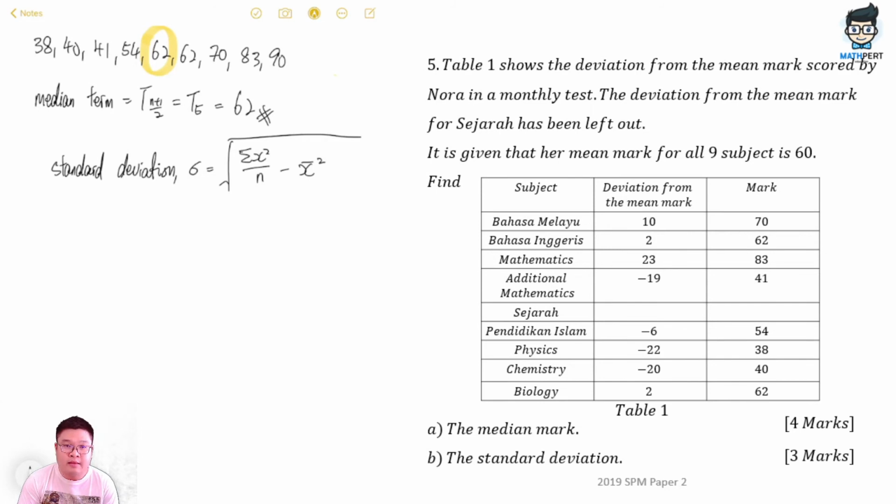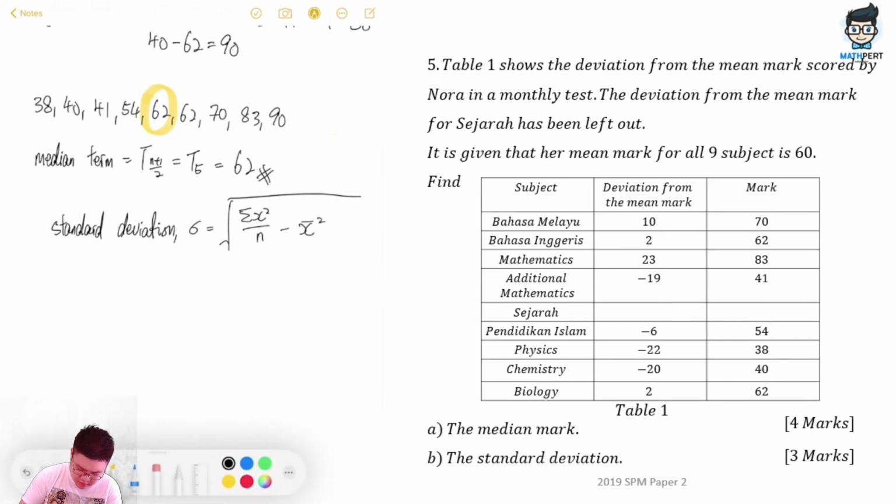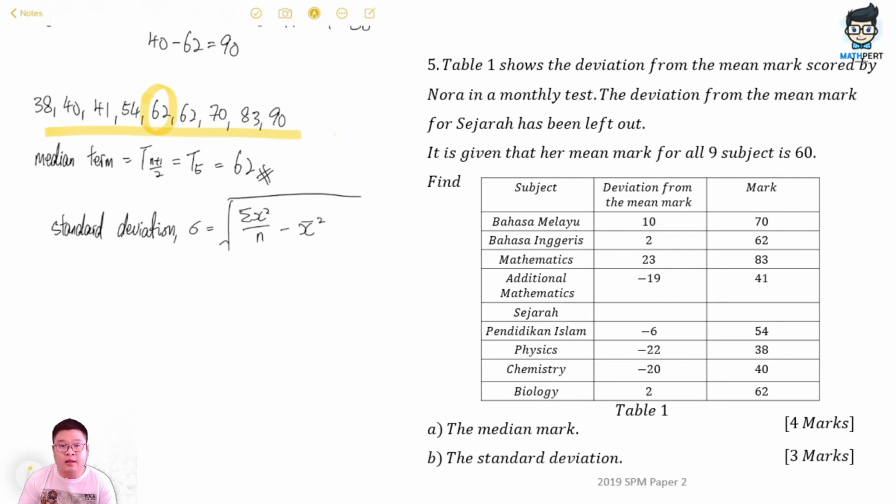We know n. n is the number of subjects, so in this case it's 9, and the mean is 60, which is given by the question. So we need to find out the summation of x squared. In this case, x means the marks of all the subjects. So we use all the subject marks, and then we square each and every one, and then we add them up together.